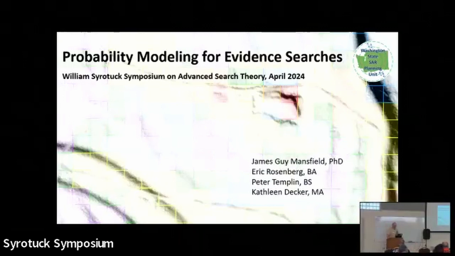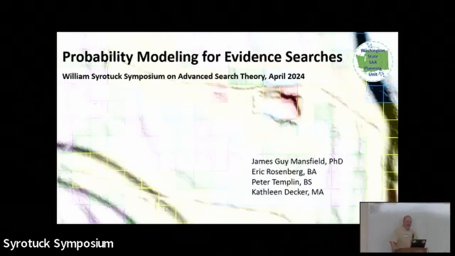In our work in the State SAR Planning Unit, we've been called a number of times to assist with evidence search planning, and where we're going to look for human remains or items related to a crime. Over the course of those searches, we've gained experience and we've been evolving ways to use search theory and terrain analysis to help us prioritize where to go look, and hopefully increase the odds of success.